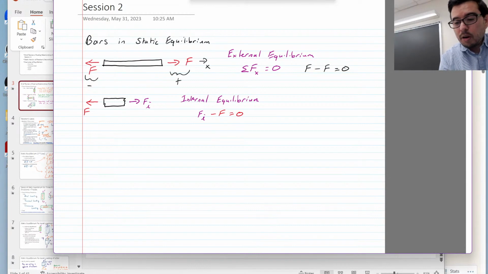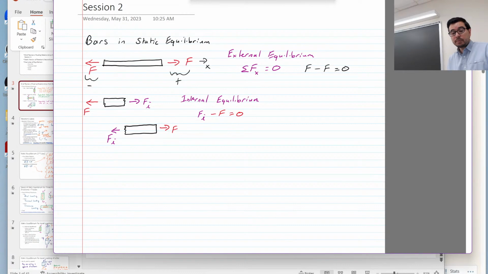Now, what often gets confusing is if you take a slice from the other direction. Now I'm exposing the left side, and I have, again, an Fi. I have an F externally on the system.